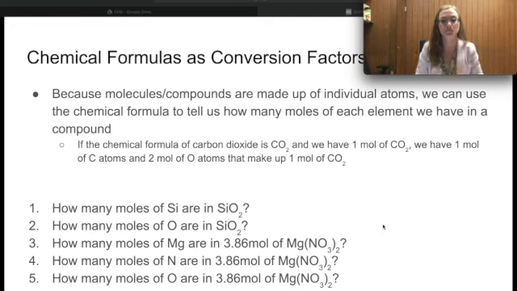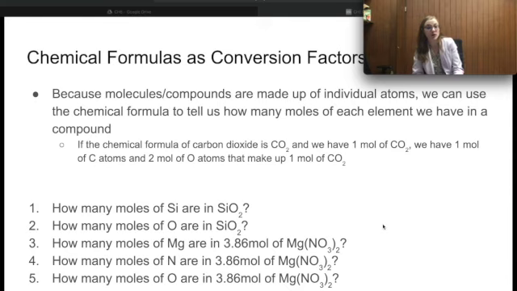So let's work through a couple of examples here on your screen. If I have 1 mole of silicon dioxide that you see on your screen there, and I want to know how many moles of silicon I have, well, there's 1 silicon atom for every 1 molecule of SiO2.